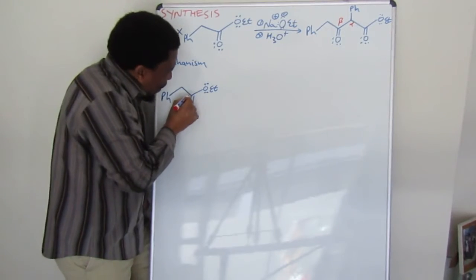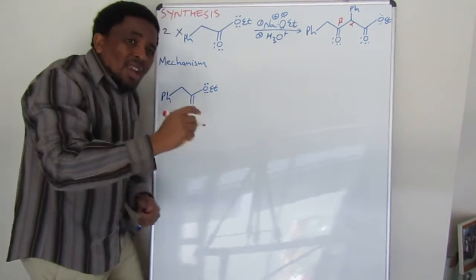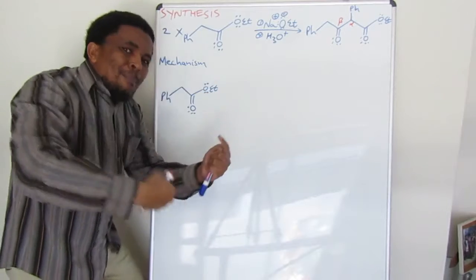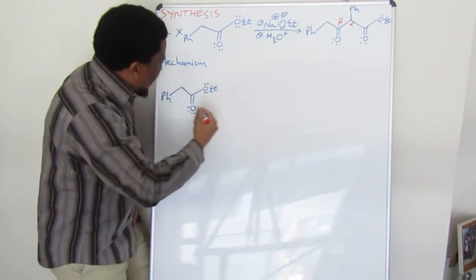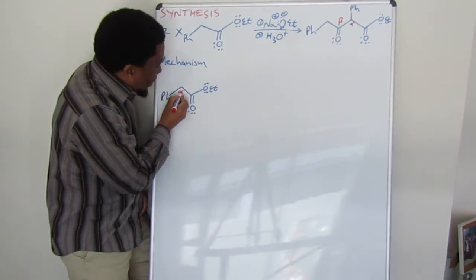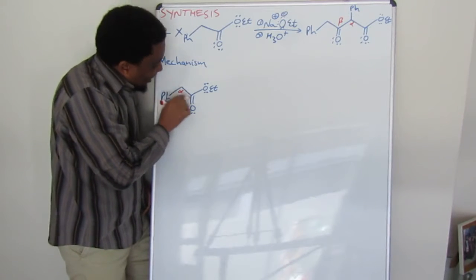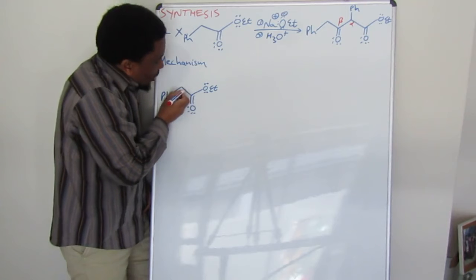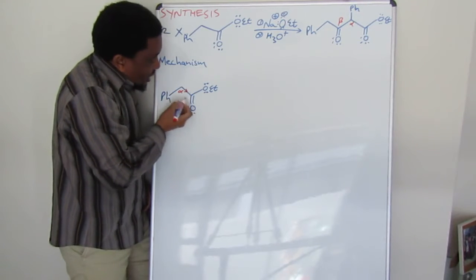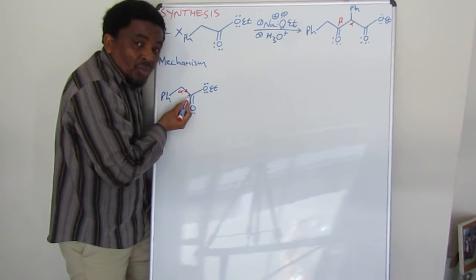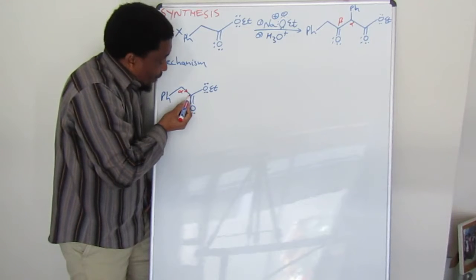Once that carbon becomes electrophilic, it means the neighboring carbon atom, the carbon in the alpha position, will release its electron density towards this electrophilic carbon atom.